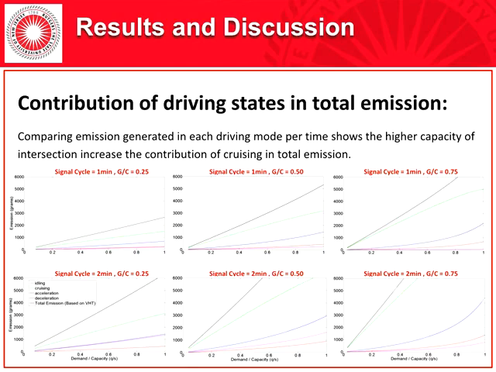On the other hand, the higher the capacity of the intersection, the less percentage of emissions caused by stopping and idling, and the more contribution from cruising in total emissions.